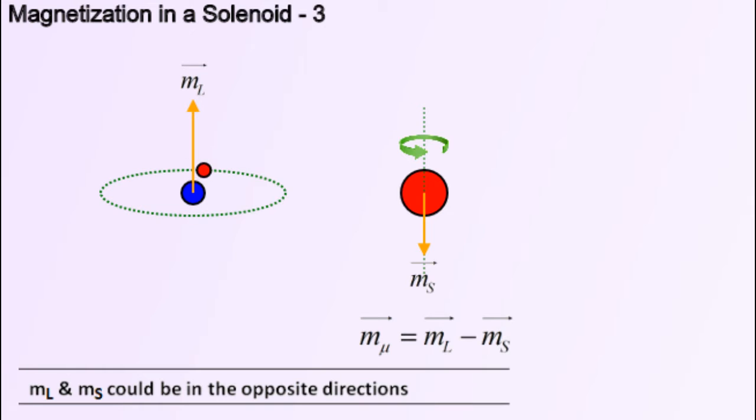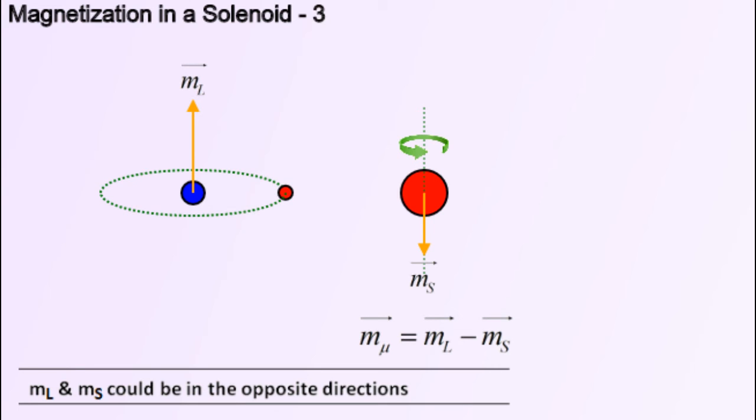Now the net magnetic moment pointing upwards would be the vector sum ml minus ms in the upward direction. Now if ms happens to be greater than ml, then the net magnetic moment would point downwards.